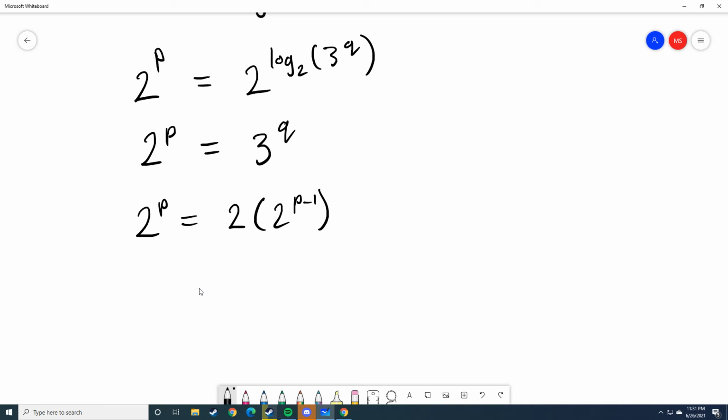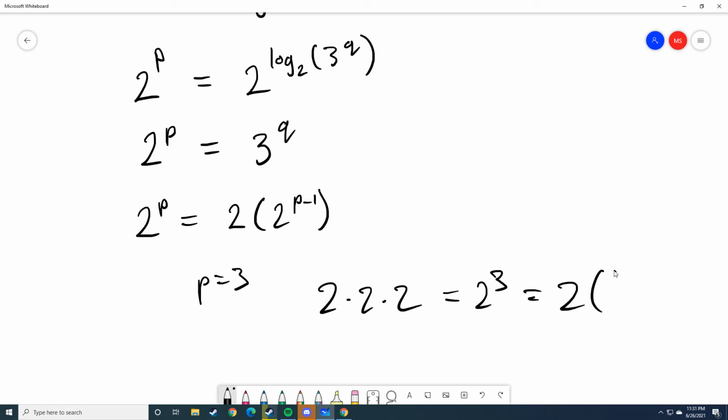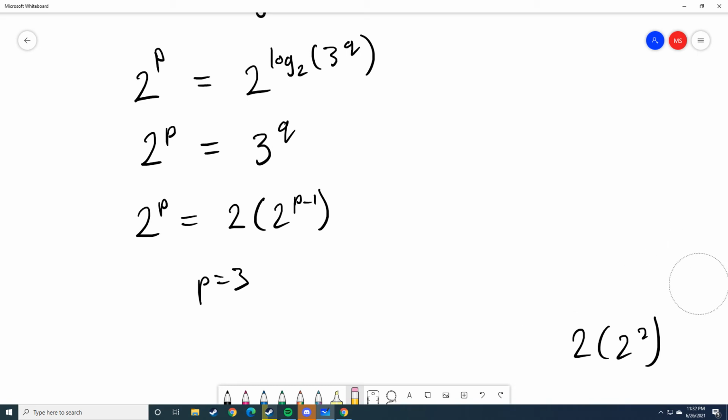Because 2 to the p, let's say p was equal to 3, that would be 2 times 2 times 2, which is equal to 2 cubed, or which is also equal to 2 times 2 to the 3 minus 1, which is equal to 2 times 2 squared. So I'm essentially factoring out one 2 here. And that's what I did.